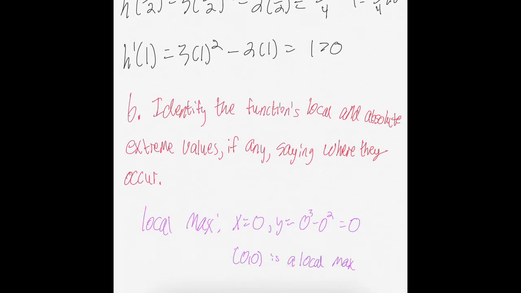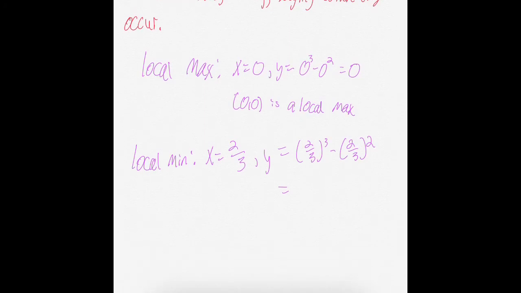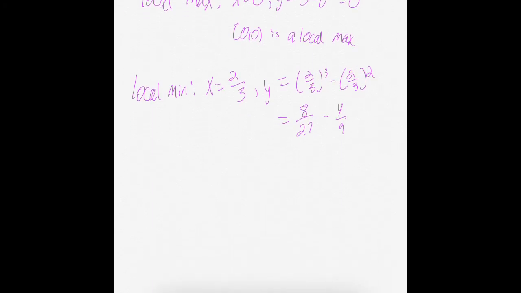So let's first look at local min. If you look at the local mins, at x equals 2/3, I see that the derivative is negative to the left of 2/3, and then it's positive after 2/3. So it looks like we're going to have a local min at x equals 2/3. And at that point, we get that y equals 2/3 cubed minus 2/3 squared.